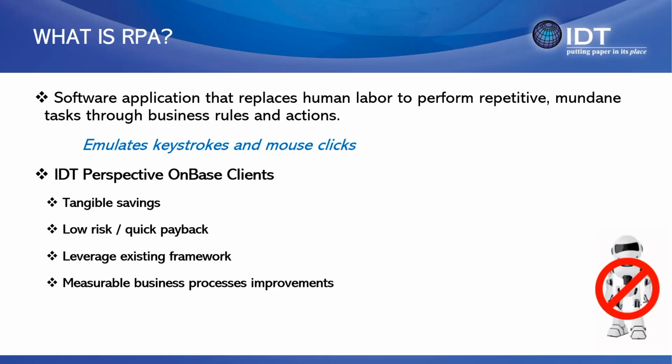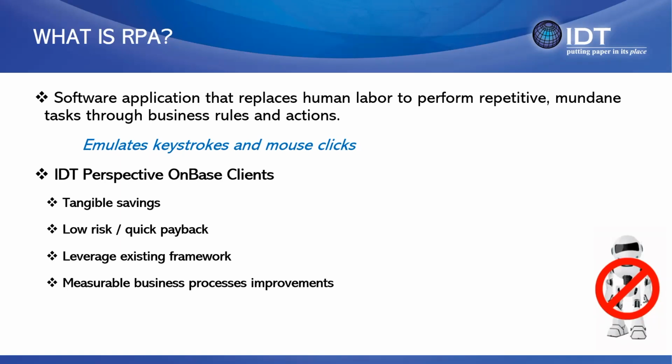So as many of you know, IDT is a longtime consultant and content services provider, and our mission is to work with our clients to look at ways of making their business processes more efficient, lower costs, and provide a better customer experience. And that's why we're so excited about introducing RPA as part of the Hyland OnBase solution stack.